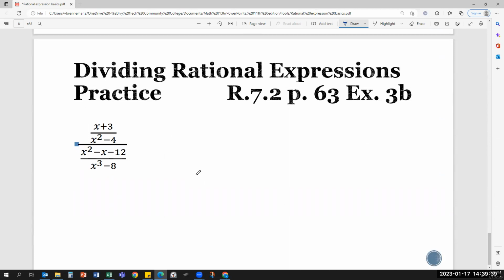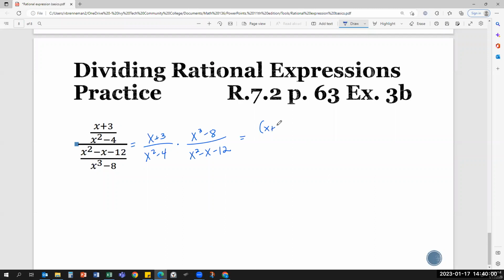If you try and do the factoring as you're rewriting, then you're that much more likely to forget to flip. So this is x plus 3 over x squared minus 4 times x cubed minus 8 over x squared minus x minus 12. And then I factor that x plus 3.